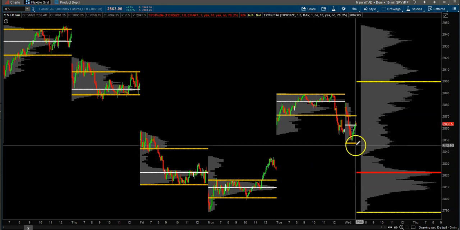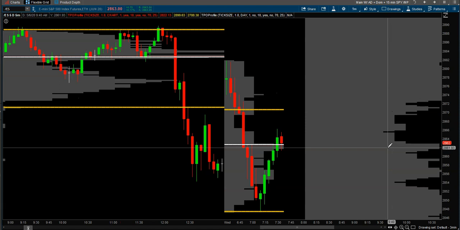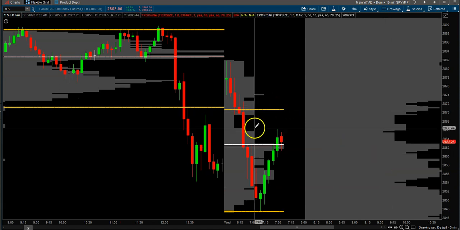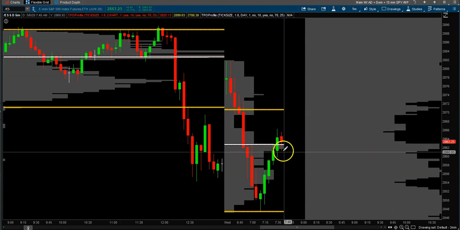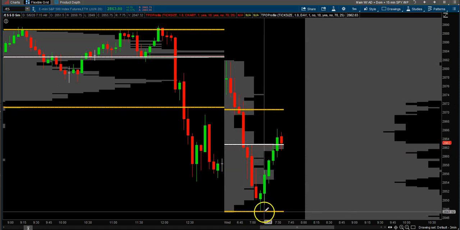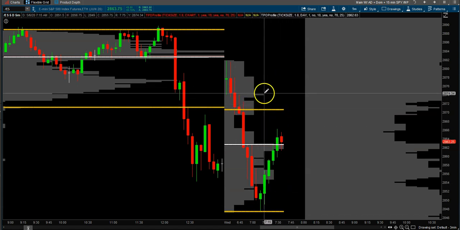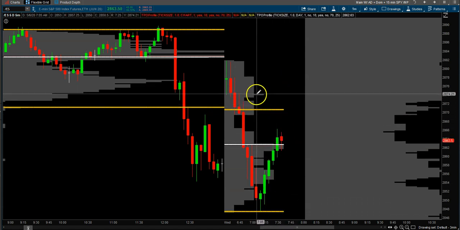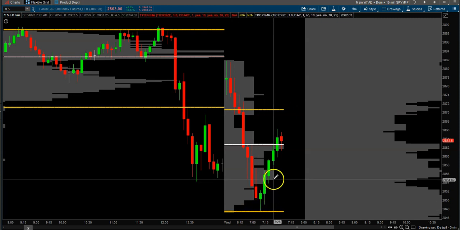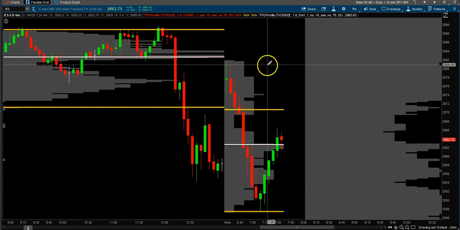So now we kind of have a low here. As I'm filming this, this is live in the market today, and as you could see, price kind of came down, made a low, reversed. Well, 70% of all the volume is here. Well, if we actually kept rallying and came up here, then these levels might shift, the point of control might shift up here, and then this might shift up here.